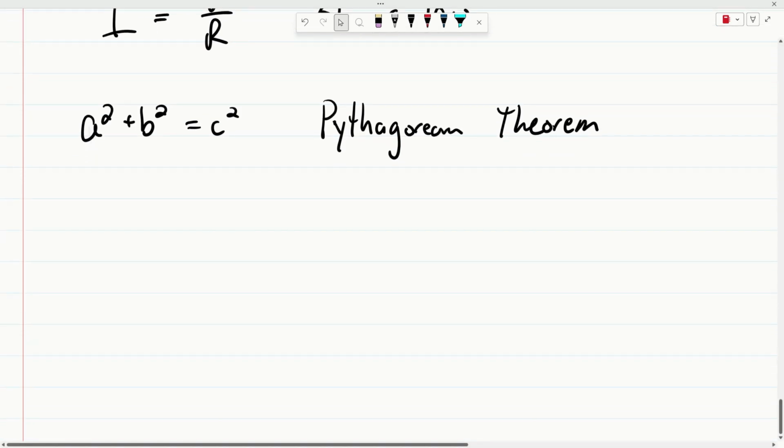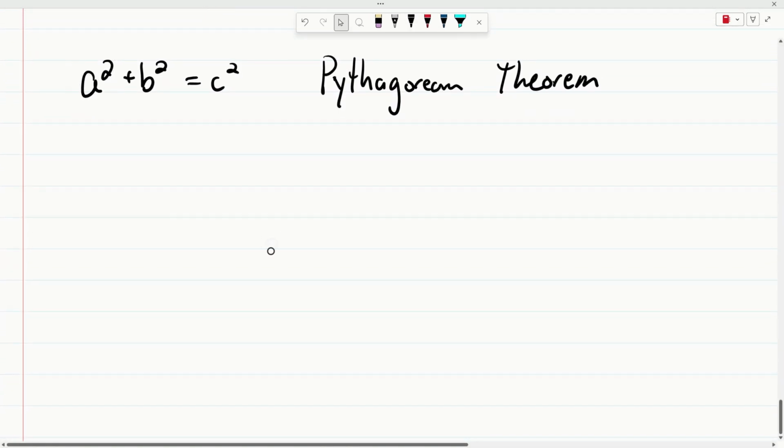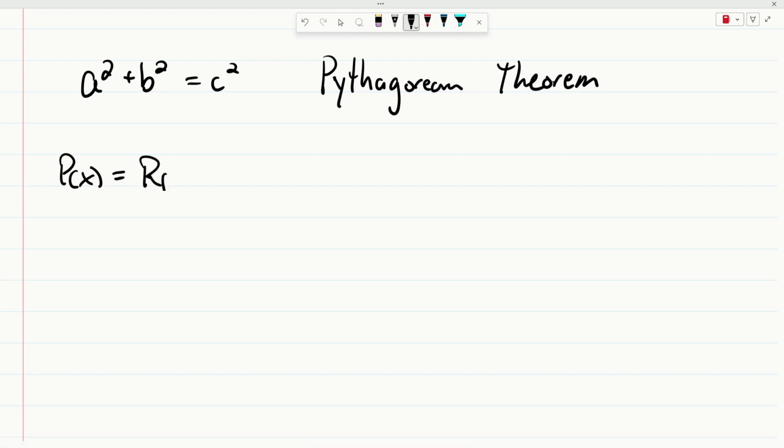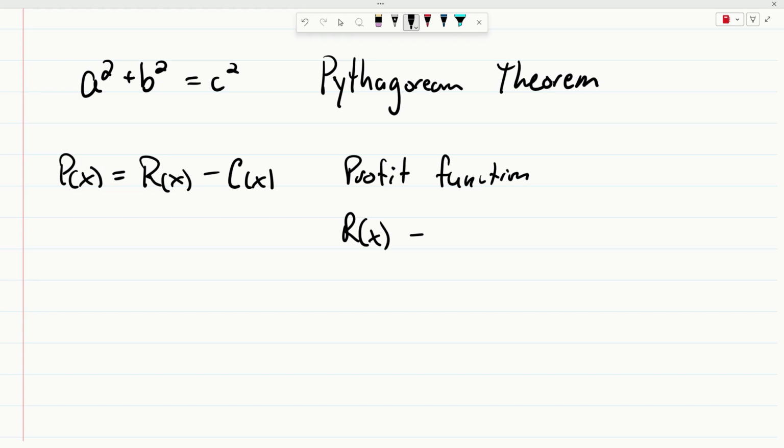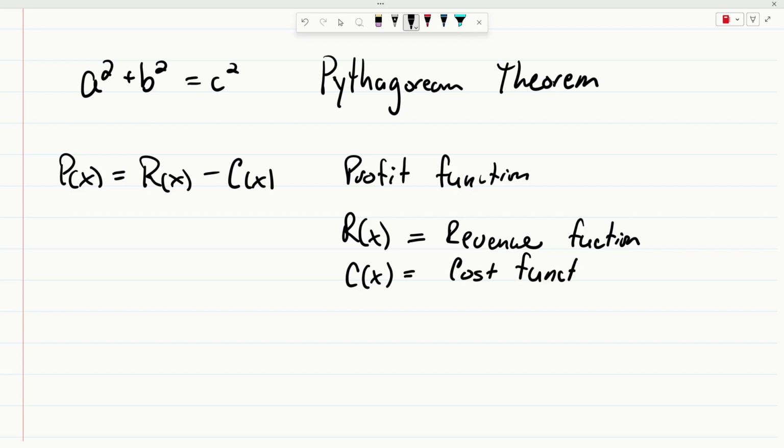You can even have P(x) = R(x) - C(x), which is our profit function, where P equals profit, R(x) is our revenue function, and C(x) is our cost function.